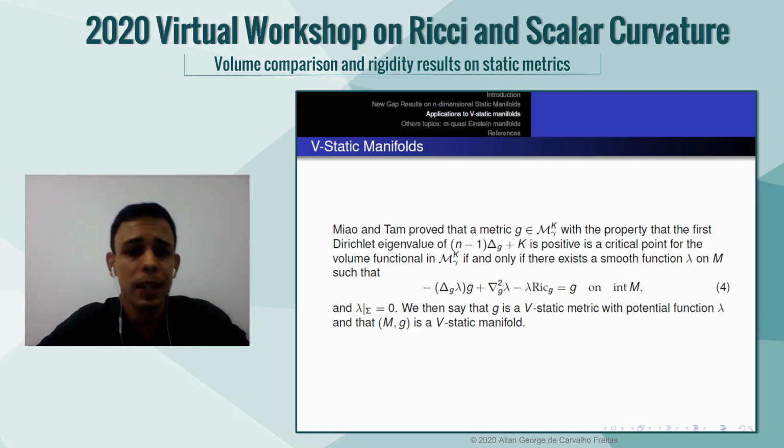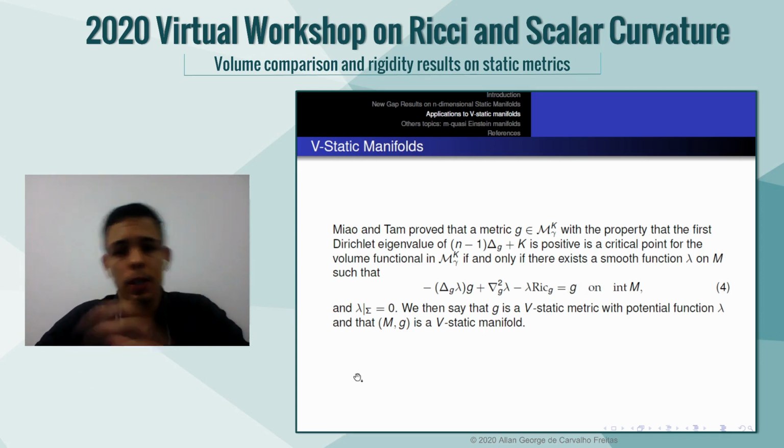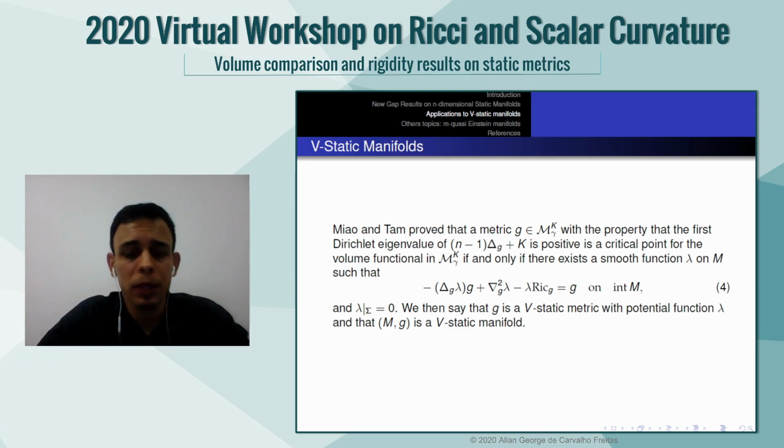And in this case, we say that a metric is V-static with potential function lambda, and the manifold is a V-static manifold. Okay, this is very similar to a static manifold. Remember that in the static case, this right member is 0. Some properties of this type of metrics are similar to static metrics.